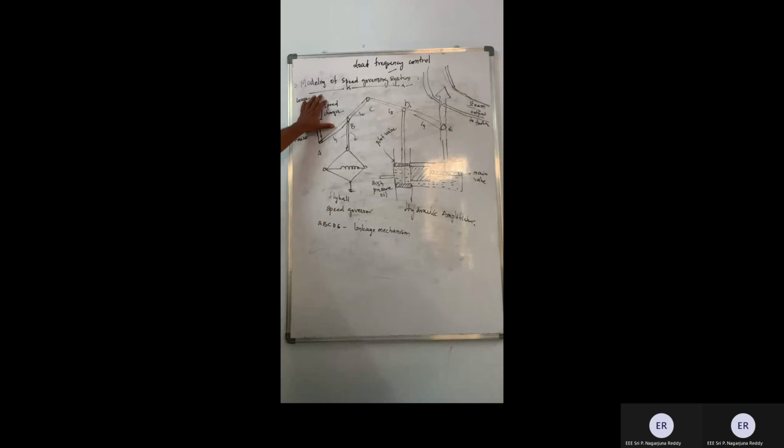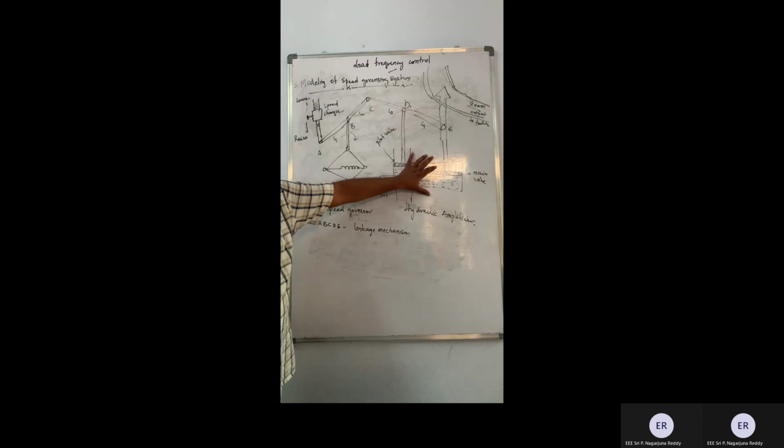The first one is your speed changer. This is your flyball speed governor. This concept is called the hydraulic amplifier, this entire thing.